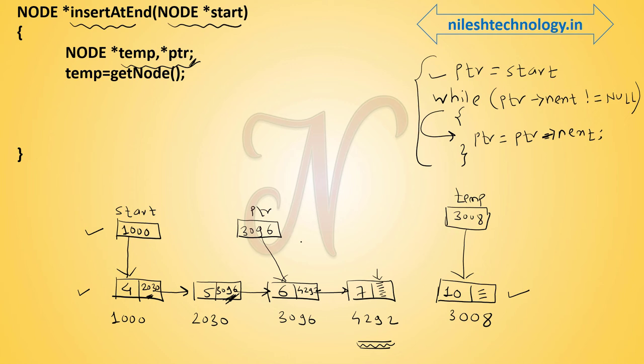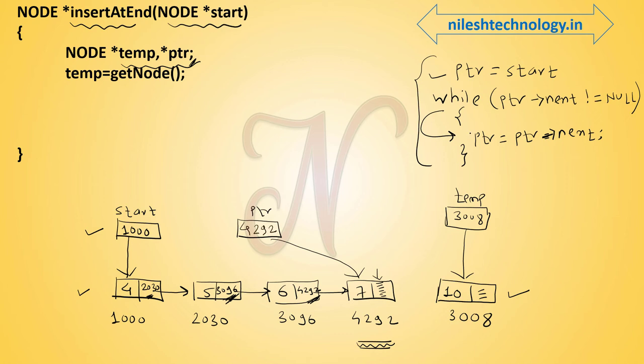Again, check the condition: ptr of next is not equal to null, true, because it has the address 4292. Again, ptr equal to ptr of next. This is pointing to the next node, and now the address is 4292.